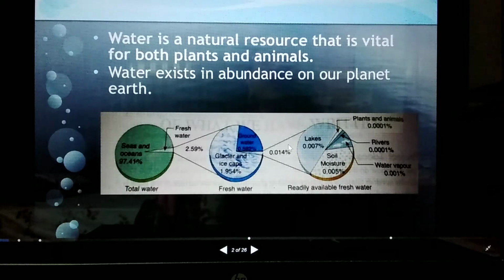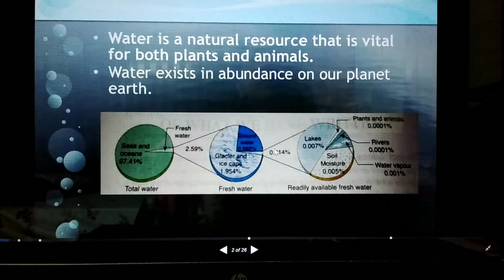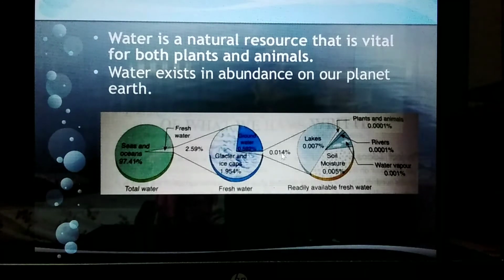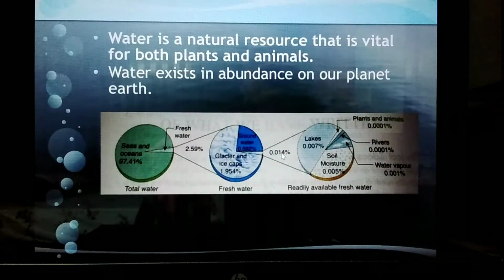Now, in that 2.59%, 1.954% is glacier and ice caps, whereas groundwater is 0.592%. Now, 0.01% is lakes. So the available fresh water is from lakes, groundwater, glaciers and ice caps.